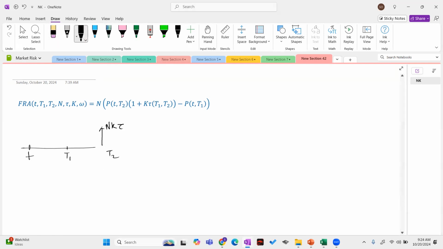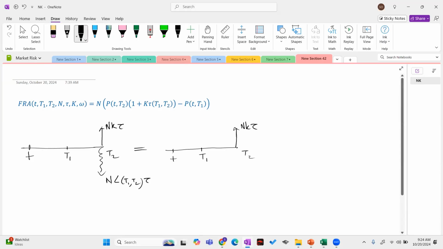This is a floating rate, N L between T1 and T2 tau. This is equal to, this stuff is equal to what?